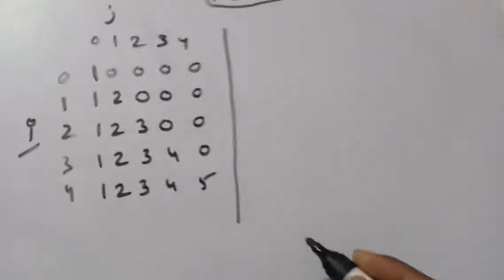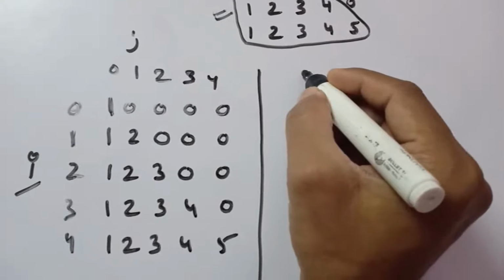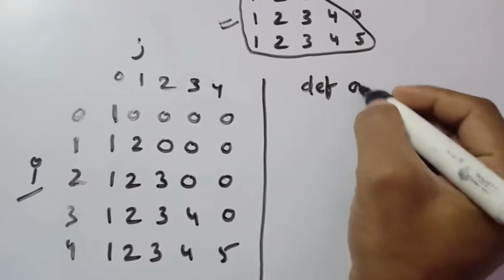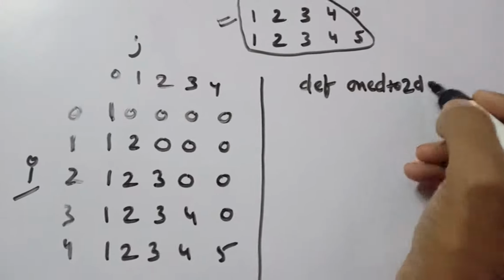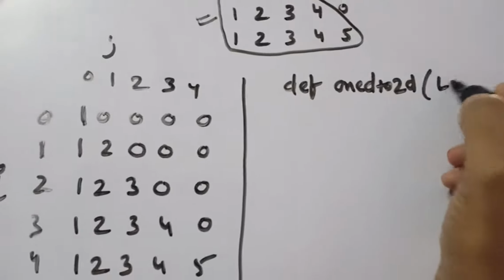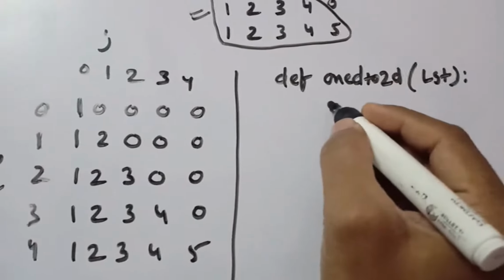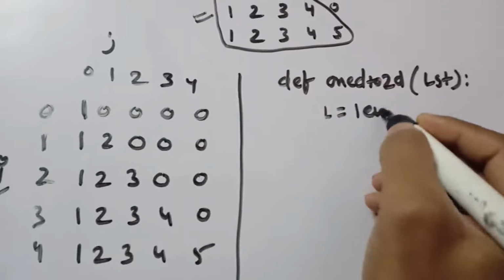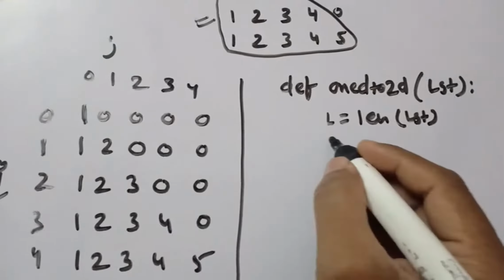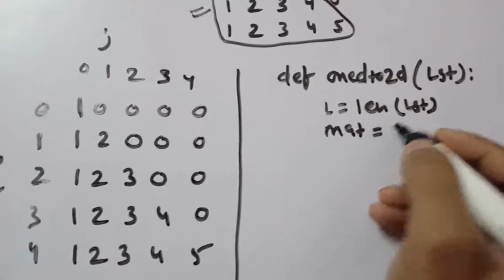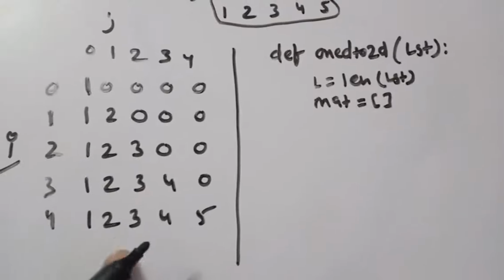Now, I'm writing the code here. A function (1D to 2D) I have written, in which the linear list is passed. L is the variable in which I have taken the length of the linear list. One list is declared here as mat, the matrix.